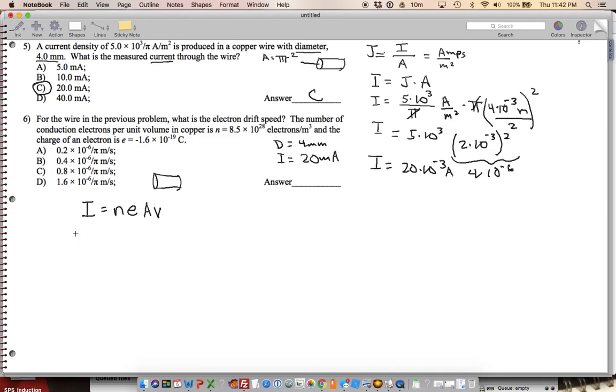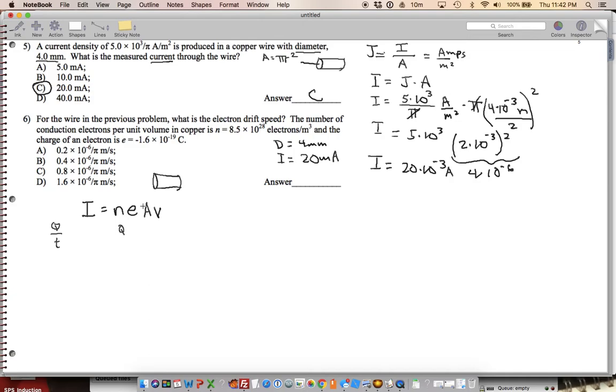If I think about units, I'm going to have current. Current is in amps, or charges per time. This is going to be the number of electrons times the charge on an electron. So that's my charge. So charge per time, Q over T. The number of electrons times the charge on an electron gives me my Q. This is electrons per meters cubed, so electrons per volume.